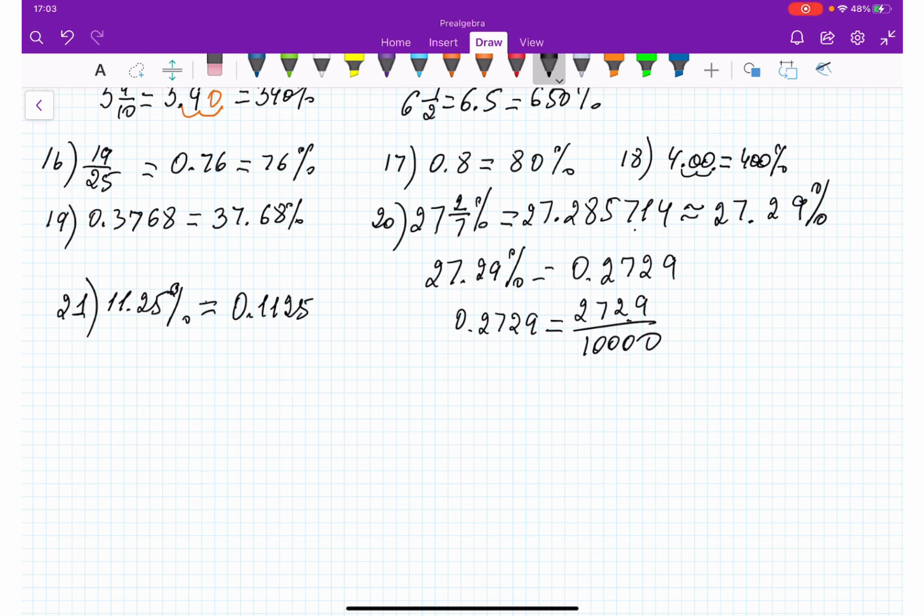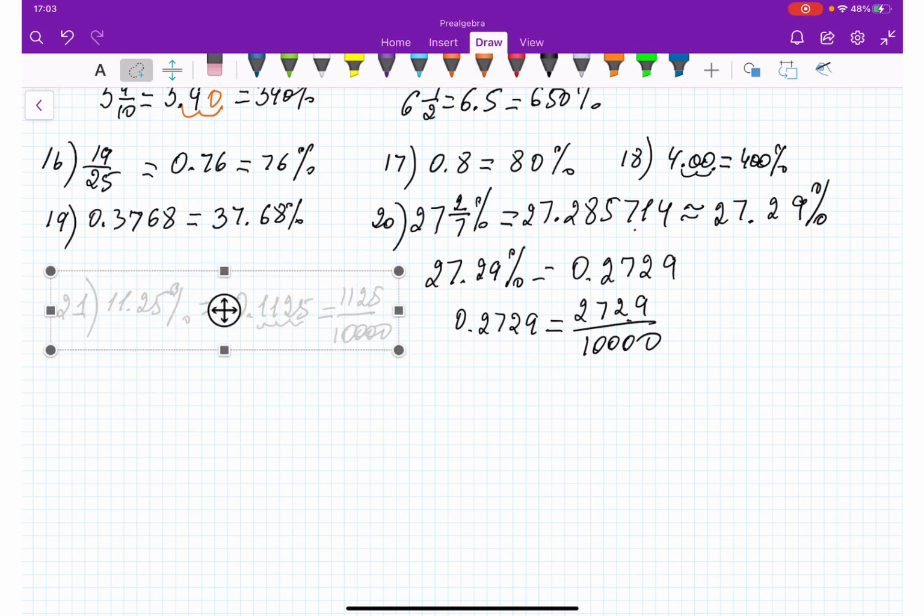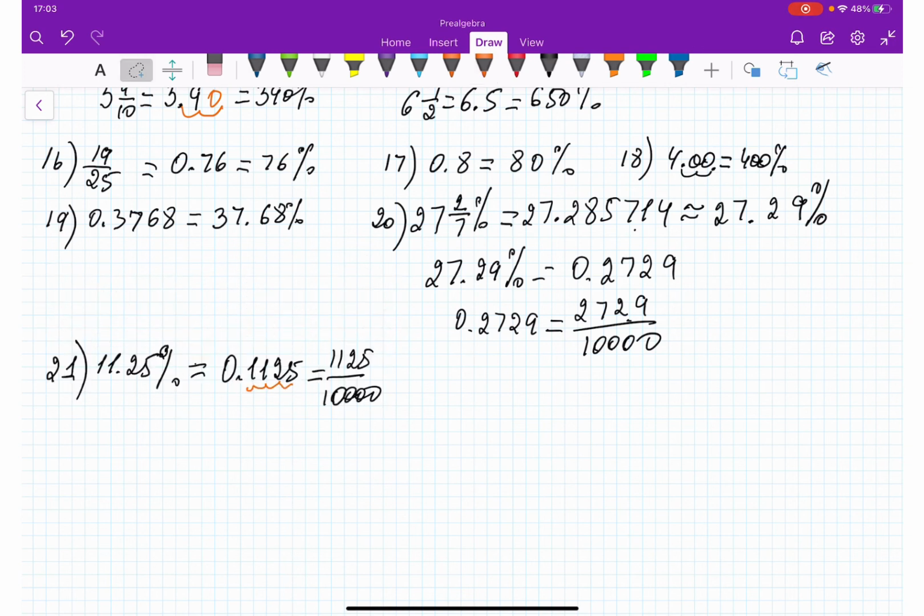Okay, and let's turn it into a fraction. It's going to be 1125 divided by 1, 2, 3, 4, because we have 4 digits. 1125 over 10,000. Obviously we can reduce by 5 because both of them end with 5 or 0.